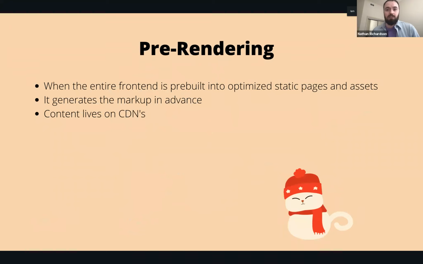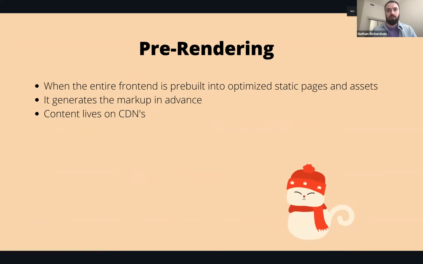The JAMstack utilizes CDNs with what's called pre-rendering. So pre-rendering just means that our entire front end is pre-built into these optimized static pages on our CDNs. We generate our markup, which is representing that view, in advance of when it's required. And this happens during a build rather than on demand, such as when you would have, for example, server-side rendering, so that the web servers don't have to perform this activity every time a request is received.